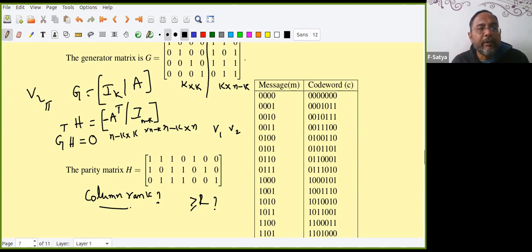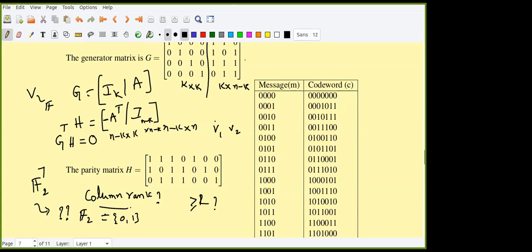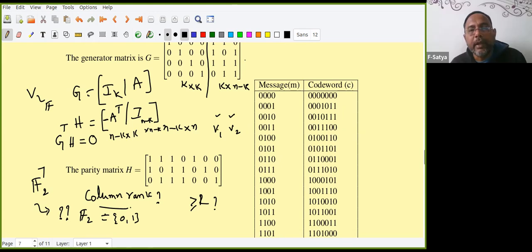But in the binary case, F2 power 7, it is a vector space over which field? F2, right? In F2, what are the scalars? 0 and 1, correct? So v1 and v2 are non-zero. Can I get v1 by multiplying v2 by 0? Both are non-zero, so you cannot get it, right? So they would be linearly dependent only if they are scalar multiples of each other.